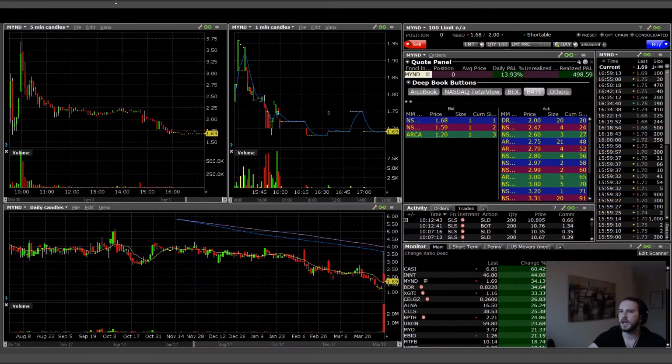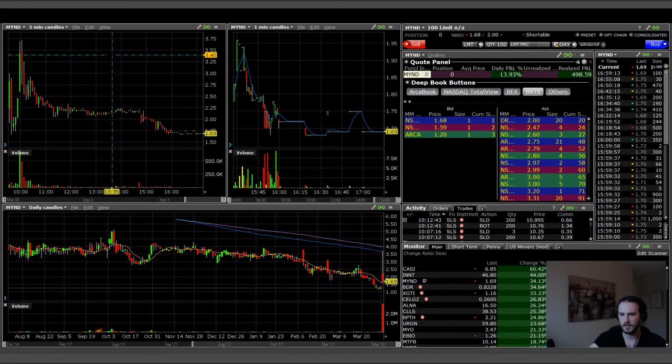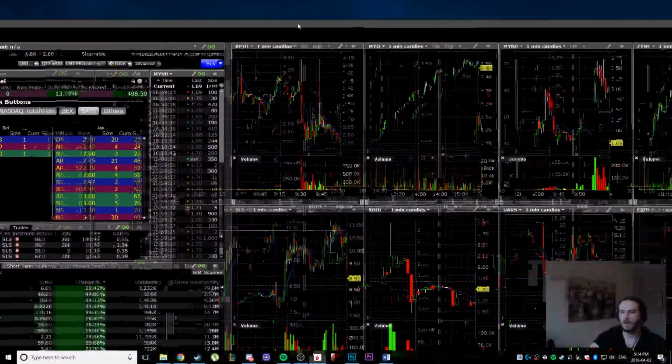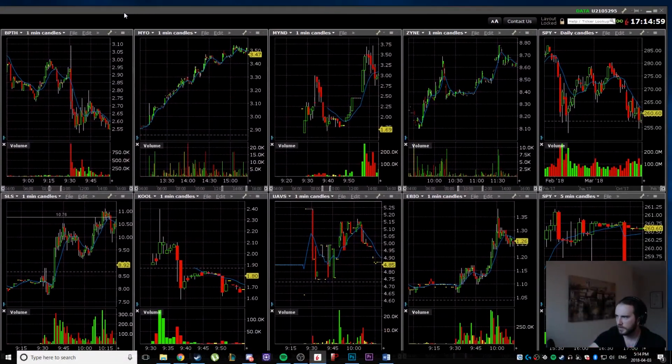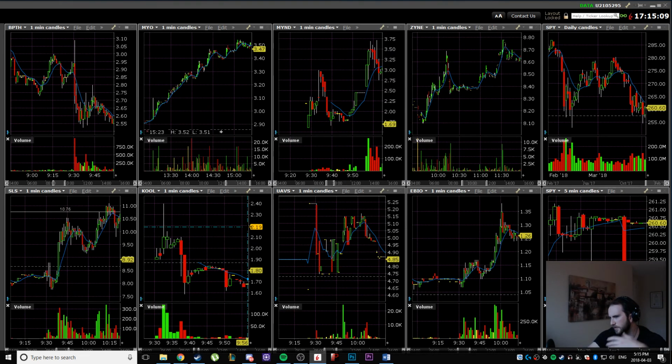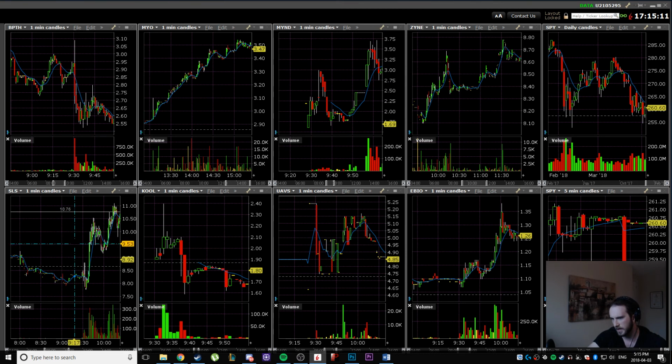And then this is what I have on my main monitor, the one that I'm actively trading. Over on the other monitor is the clock at the top, and 8 different 1-minute candle charts, just to watch stuff. If something moved big yesterday, like SLS, I can put it up here and watch it the next day, or just stocks that I want to have on watch.